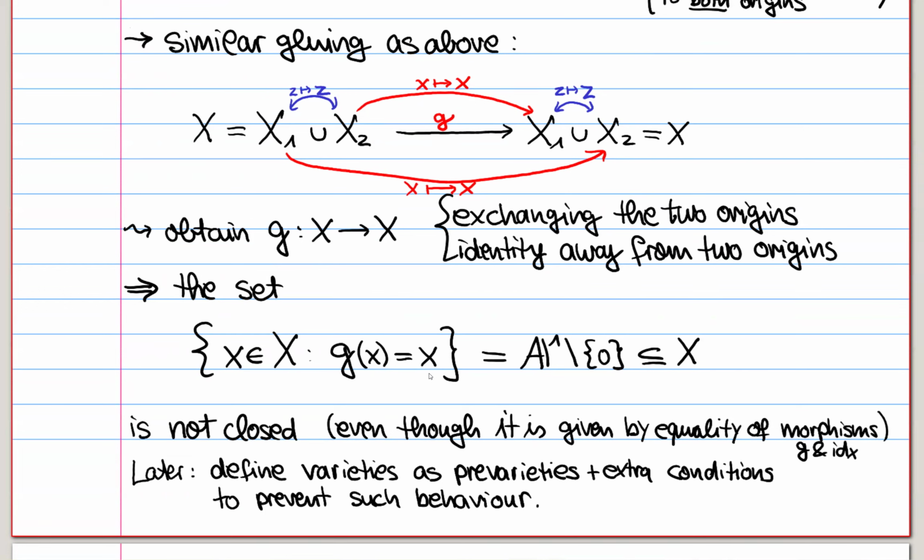Certainly the locus where two regular functions on an affine variety agree should be closed, by what we have seen before. But here, this set is definitely not closed. For example, you can check this on one of these patches. So something weird is going on with this pre-variety X. And later, this example, among others, will motivate us to define varieties as pre-varieties plus extra conditions, which prevent such weird behavior.